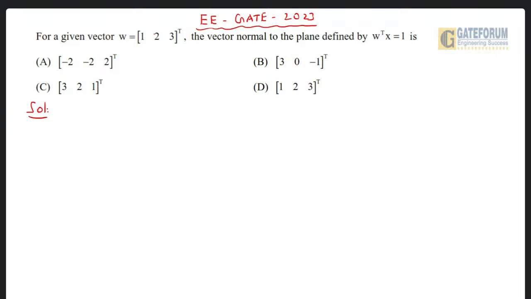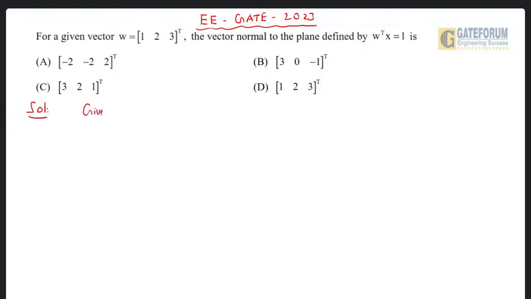So you can take vector X equal to x, y, z. W is already a column vector, so W transpose is a row vector. So I can take X as a column vector.